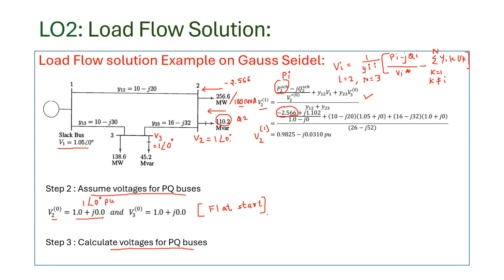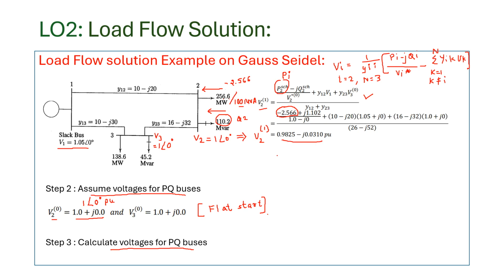We made the assumption 1 and 0, but we are now getting the more correct value as 0.9825 minus j 0.310. So all of you please use your calculator to compute this value of voltage. You see that you get this voltage.